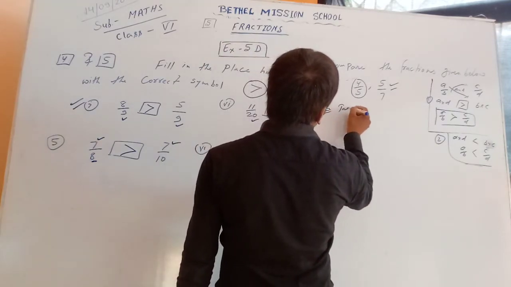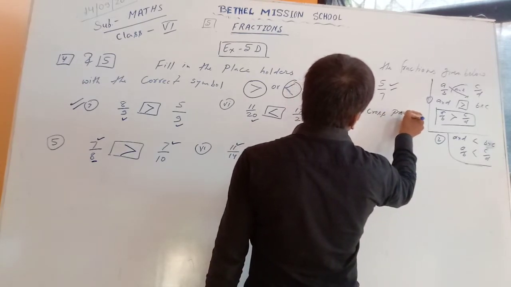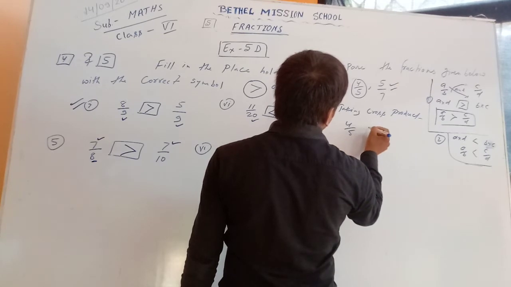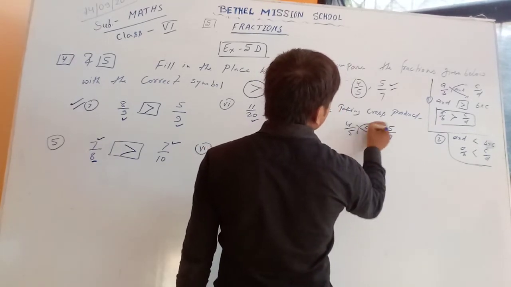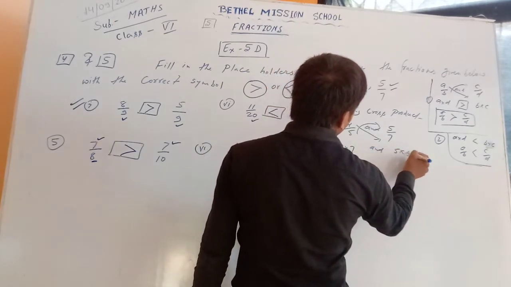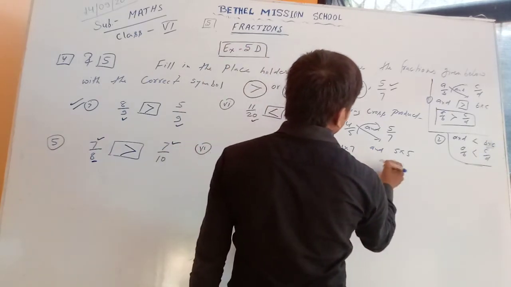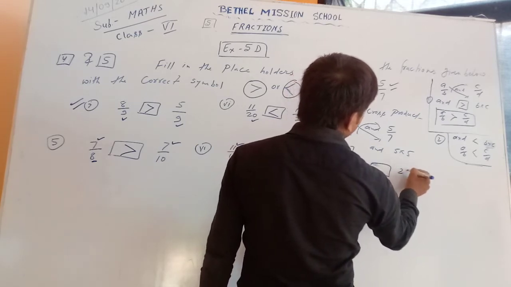Taking the cross product of 4 upon 5 and 5 upon 7: 4 into 7 and 5 into 5. 4 into 7 is 28, and 5 into 5 is 25.